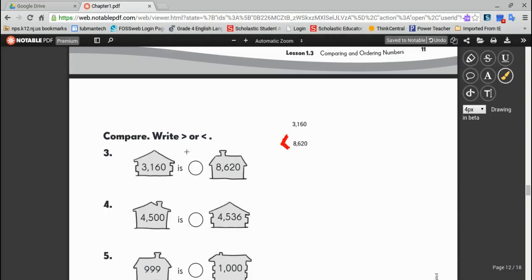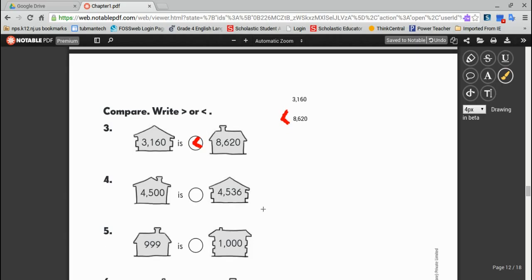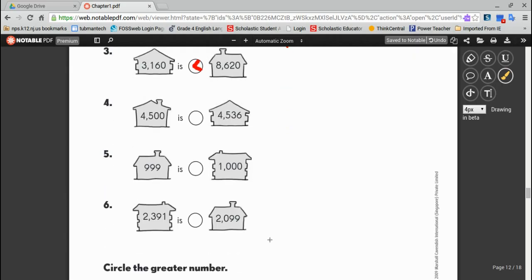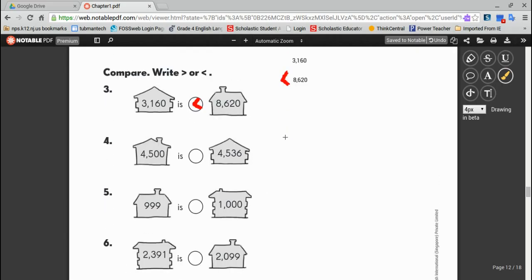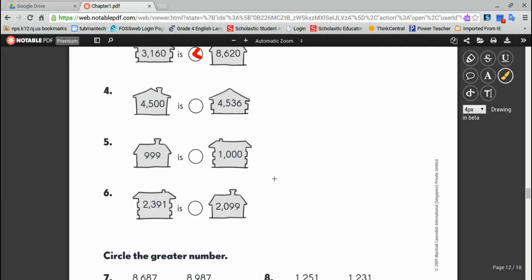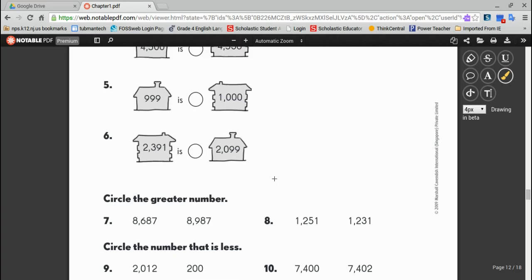So for number 3, 3,160 is less than, so I'm going to have my sign open up like that, 8,620. So hit pause, do number 4, 5, 6 by yourself. Remember, line it up and down, and you'll easily compare which one's bigger and which one's smaller. Alright, get started.